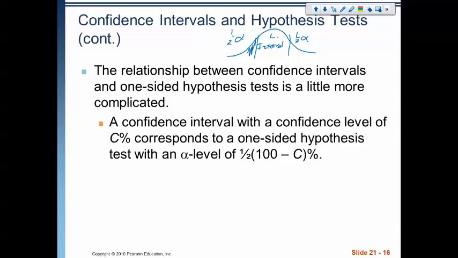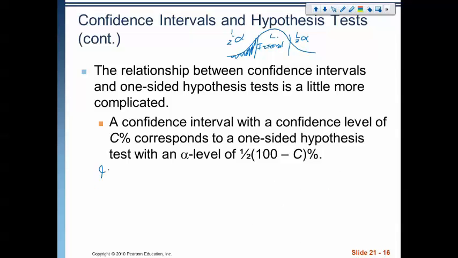If it's just a one-sided test, we need to take whatever our alpha was before and divide it by 2. Or as they stated down here, a confidence interval with a confidence level of C% corresponds to a one-sided hypothesis test with an alpha level of 1/2 times 100 minus C.